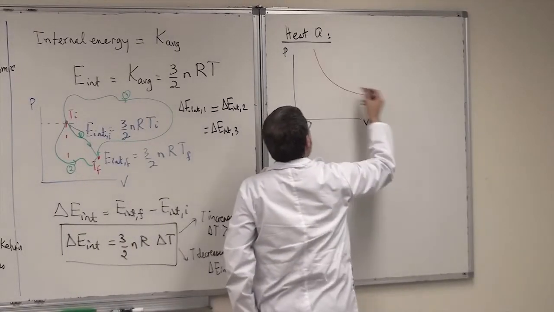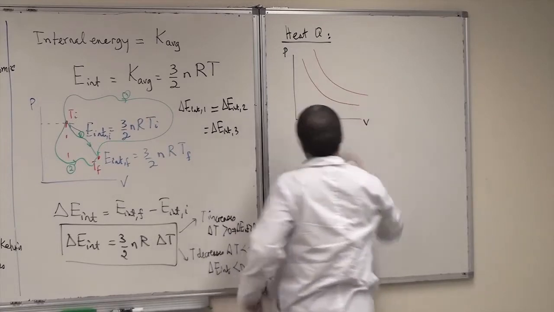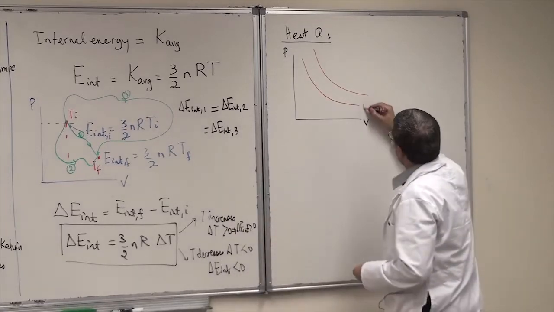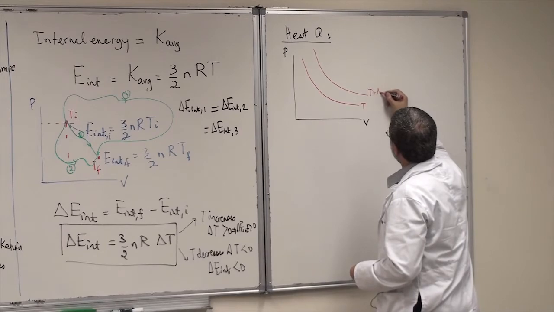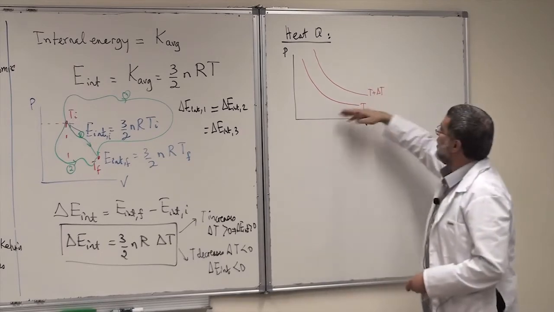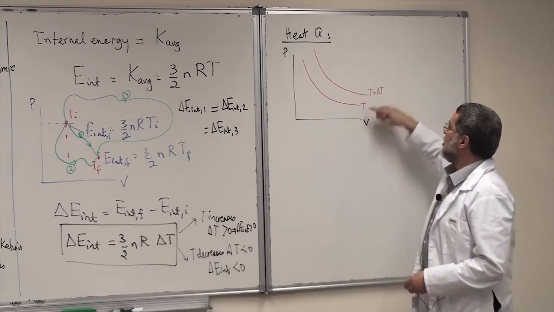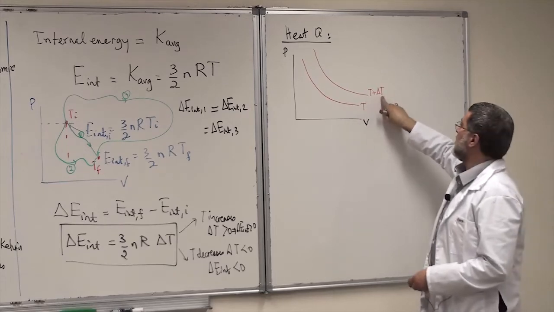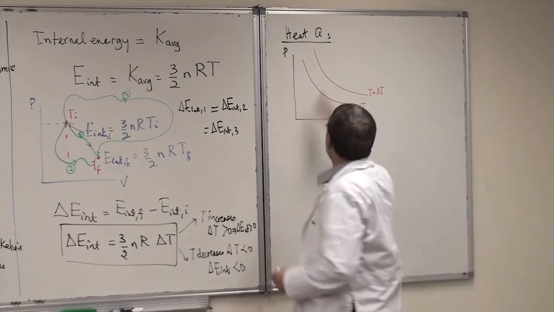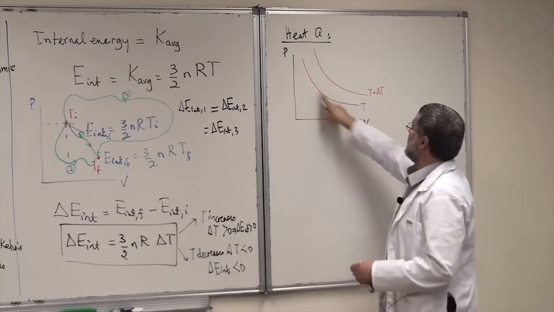This is an isothermal and another isothermal here. These are at temperature T. This is at T plus delta T. Dr. Salim told you that as we go up, the temperature increases. So this is less temperature than this process here.